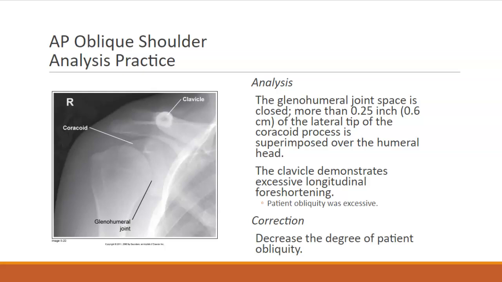And when looking at that coracoid, you can see that the process is superimposing more than that 1/3 of that process is superimposing that humeral head in excess. And so the patient is in excessive obliquity. We need to decrease that patient's obliquity to get that joint space open.